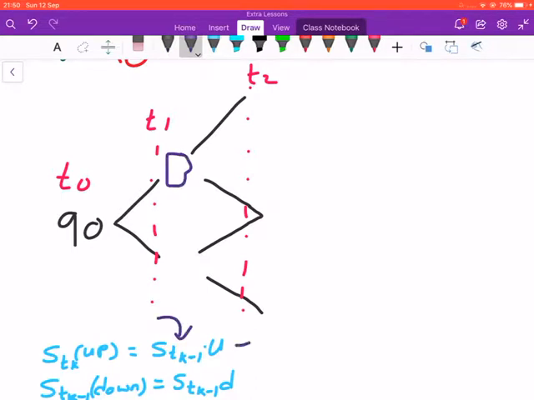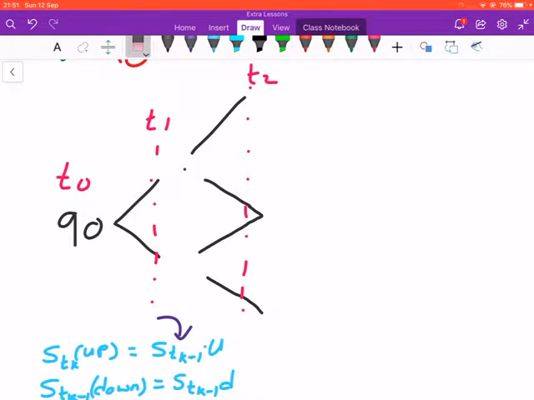So in this case, it's going to be S0 times U, right? To find this one over here, we basically say S1 times U. So this one is going to be S1. I'm just giving you a heads up so that when I start to do the calculations, you know where they're coming from. So this is how you find the up state.